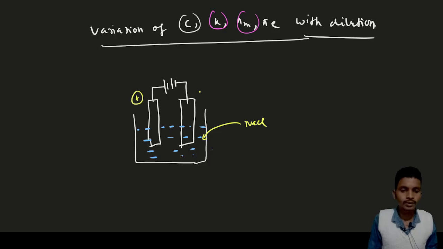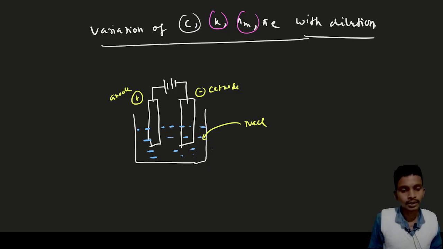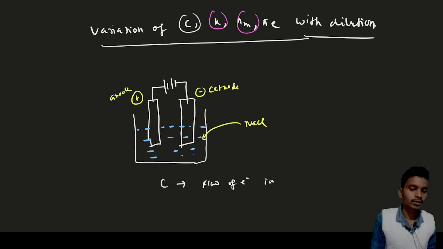This is positive and this is negative, this is anode, this is cathode. So what is the conductance? Conductance means how much electricity flows in this solution, the flow of electrons in these solutions.